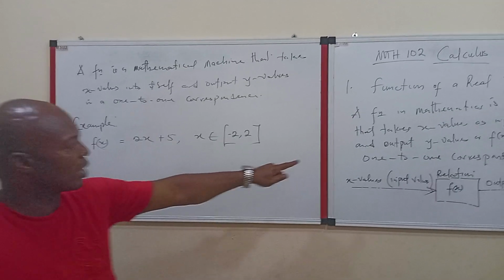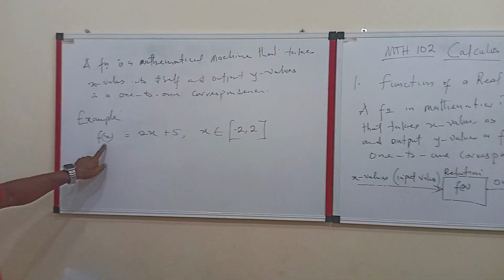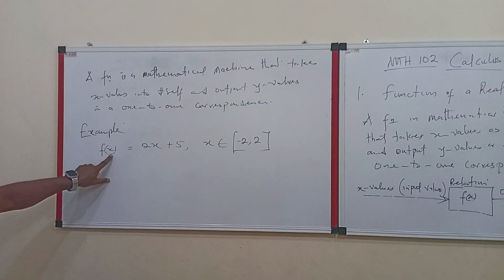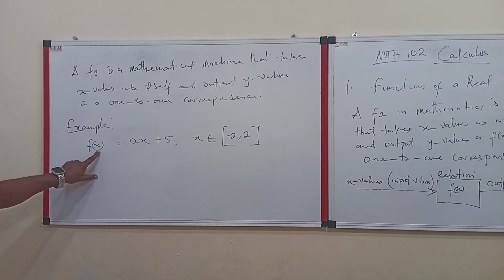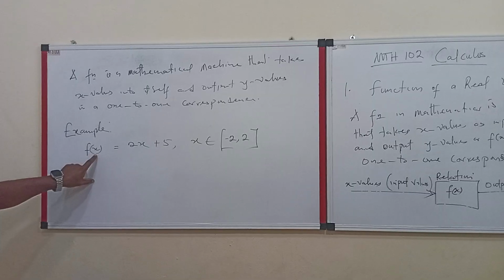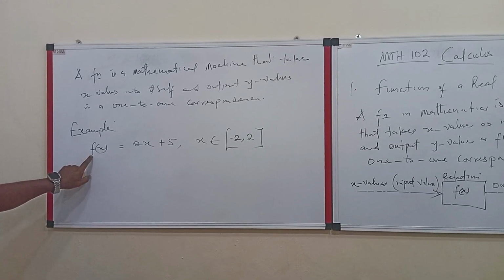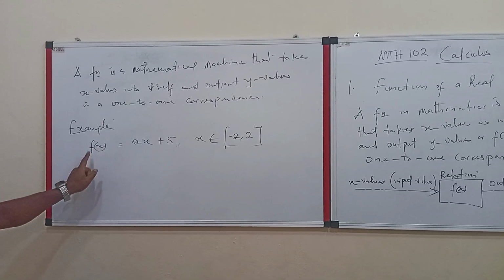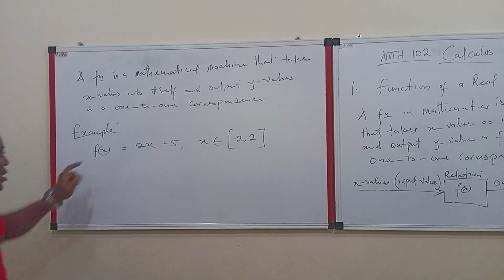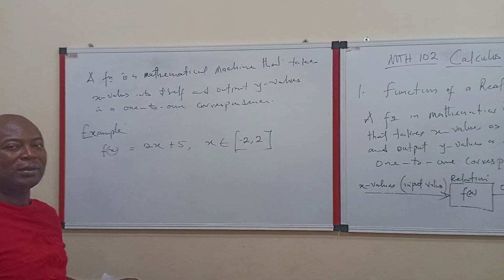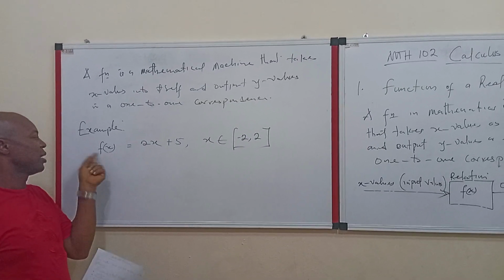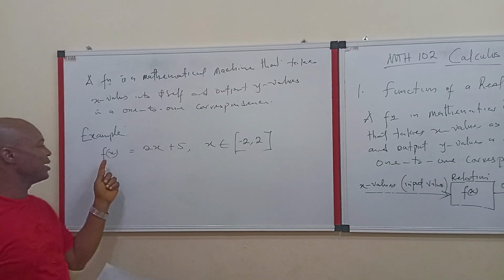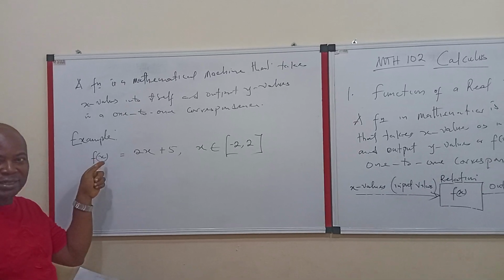Based on the definition that we are giving, this is called f of x, not f times x. We are saying that f is a function of x. That's the meaning here. Now, f here cannot stand on its own, it depends on x.